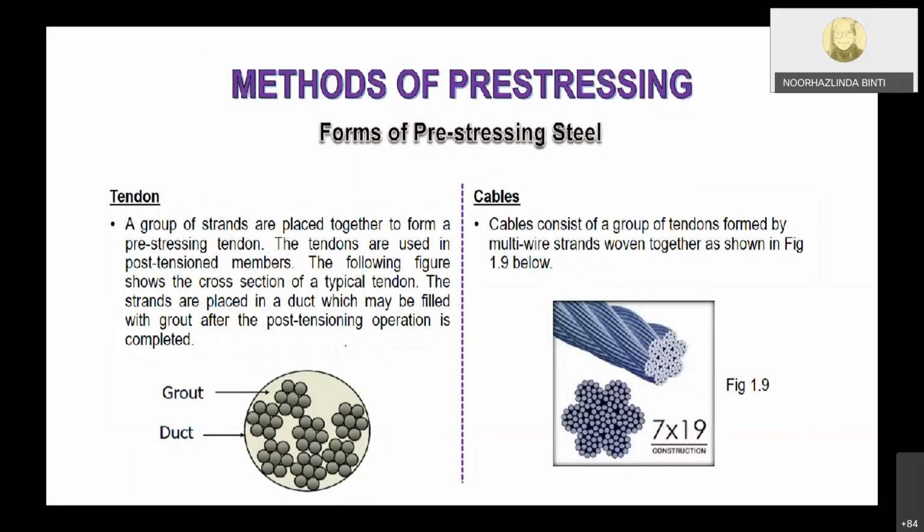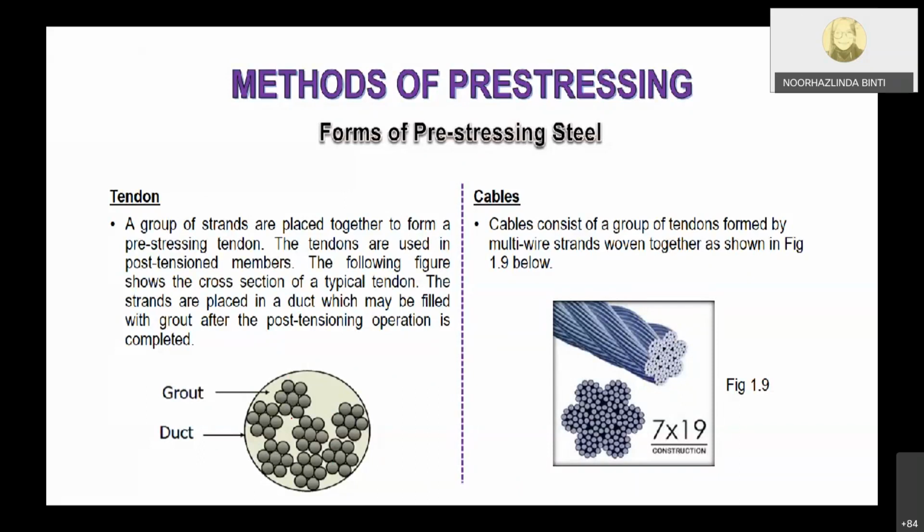Usually a tendon is put in a duct. This is a duct, the circle here. The tendon is put inside the duct, a group of strands. A group of strands put inside a duct is called a tendon, usually in post-tension.